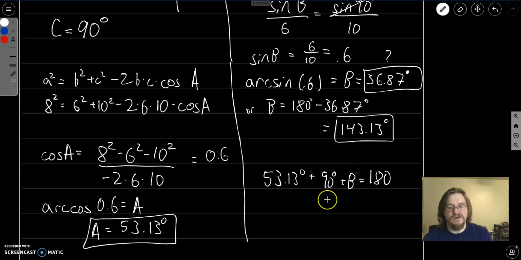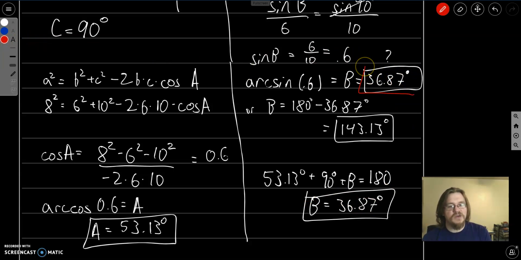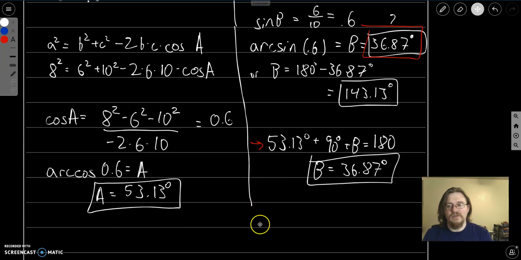If I just solve for B here, B is in fact going to be 36.87 degrees. So we knew that it was this from the get-go. We didn't even have to use the law of sines here because we knew that there's 180 degrees in the triangle. So this is just a very brief introduction to the law of sines and the law of cosines, remembering that the law of sines has a little bit of ambiguity.